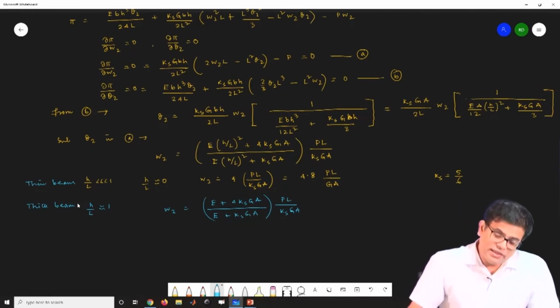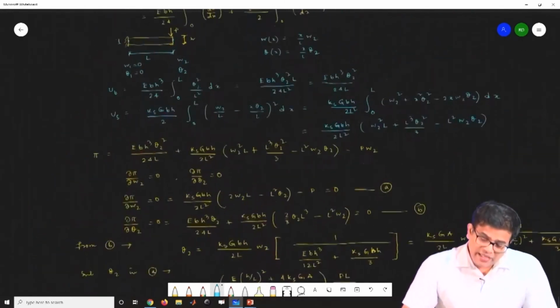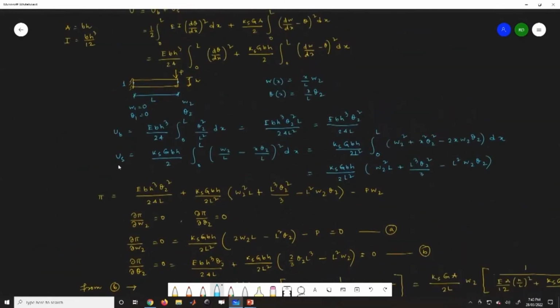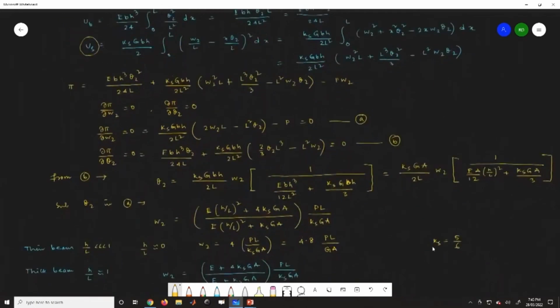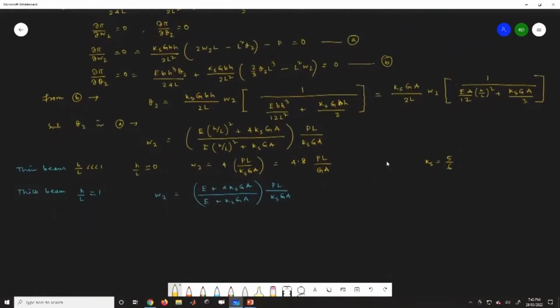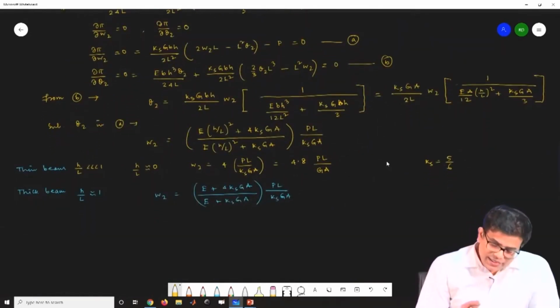So by integrating this shear strain energy with a lower order polynomial, then actually we can neglect this for the thin beam limit, and if you neglect this, naturally UB will pop up and the bending contribution or the flexure contribution will be the dominating mode. So this is one reason.